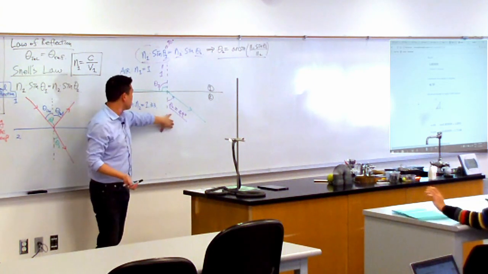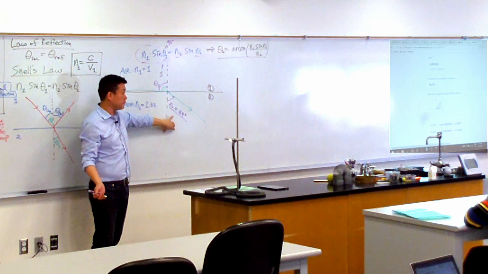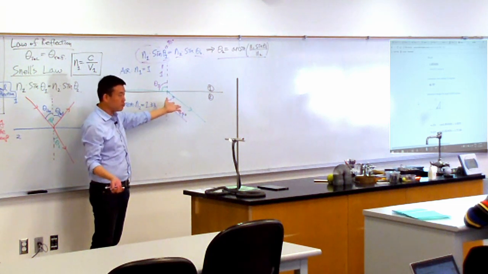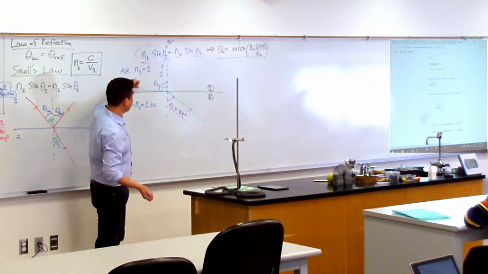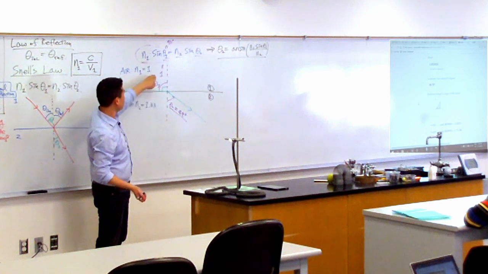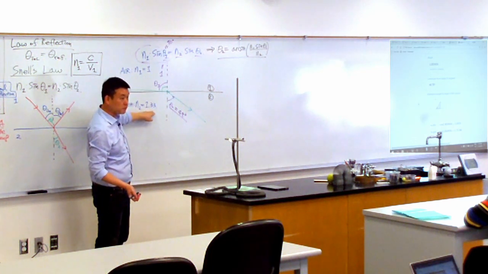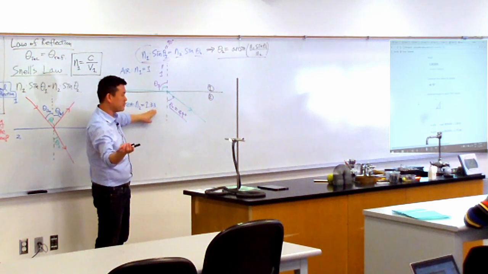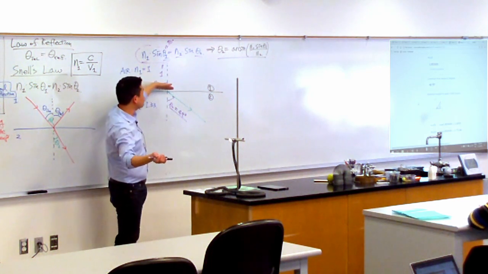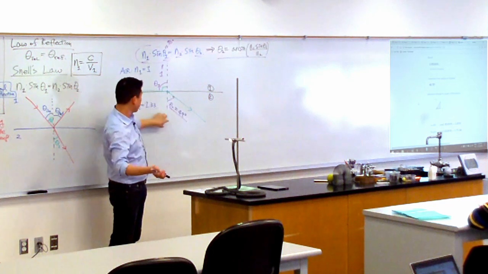This fits with a more conceptual, descriptive description of refraction that you may have heard. When a light ray goes from a material of smaller index of refraction to one of larger index of refraction, anybody here have heard the phrase that follows in conceptual physics? The light ray bends towards the normal. And that's what it does here.